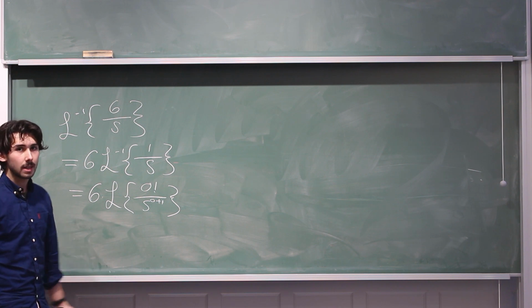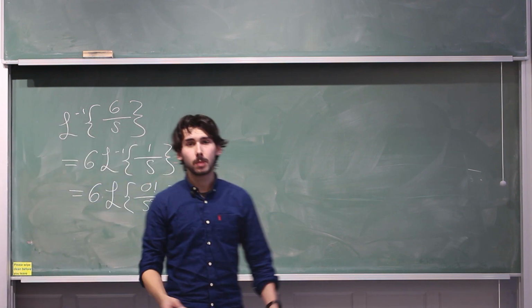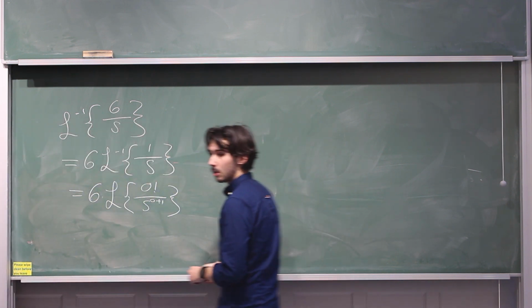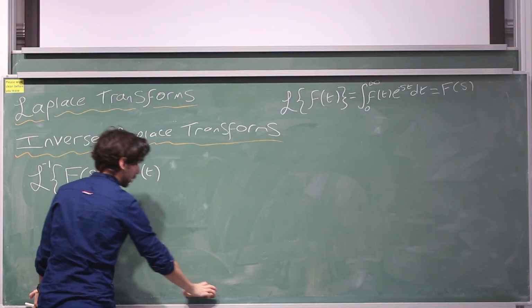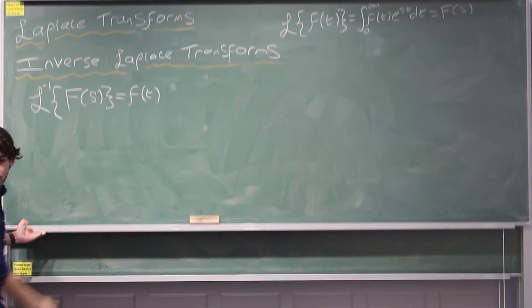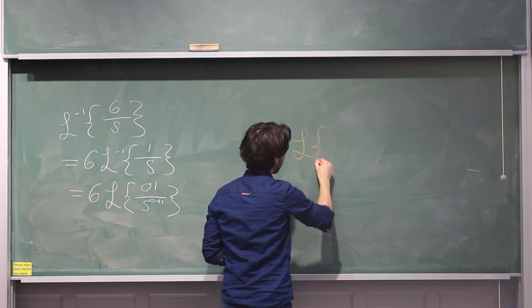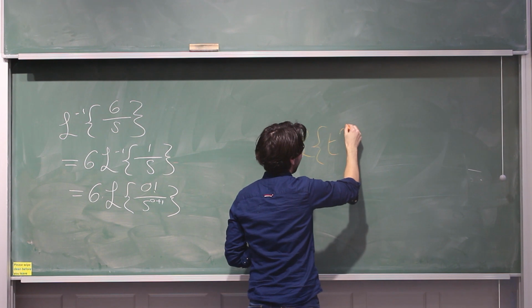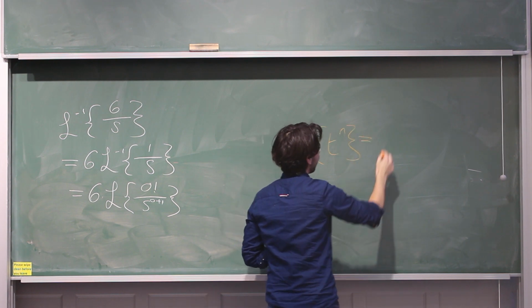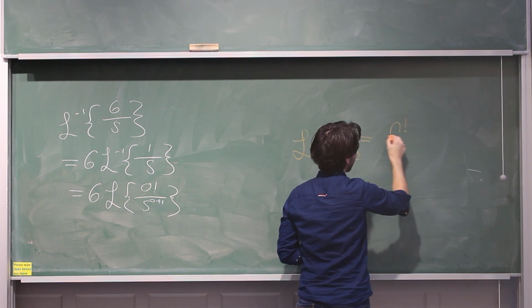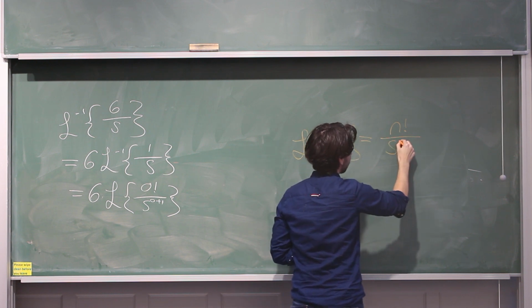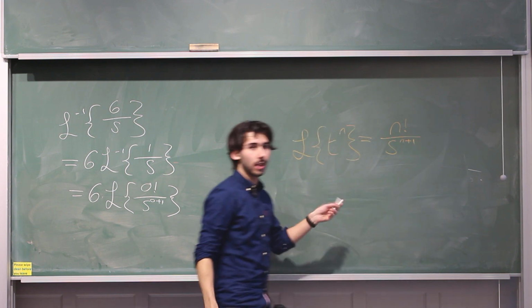I know it's a bit of a leap, but it's because, guys, and this is true, where's my orange? It's gone running somewhere. Oh no, there it is. We know that the Laplace transform of t to the n is n factorial over s to the n plus 1. That's a fact.